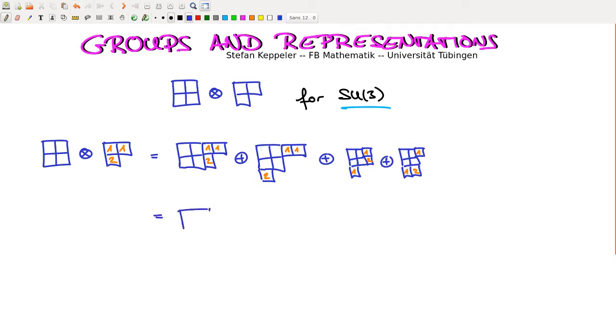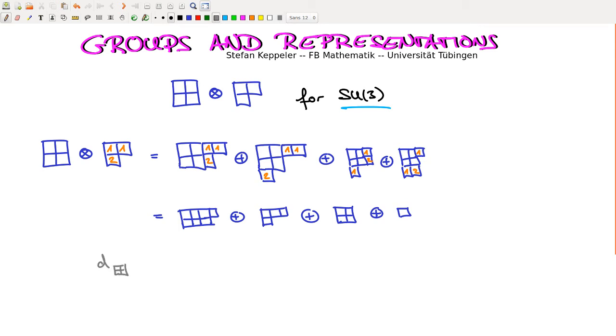Let's say it's this diagram here, first one, plus, and here we omit the length 3 column, and here also, and here we even throw away 2 columns and retain just a single box. So this would be our result. And now we said we check dimensions.